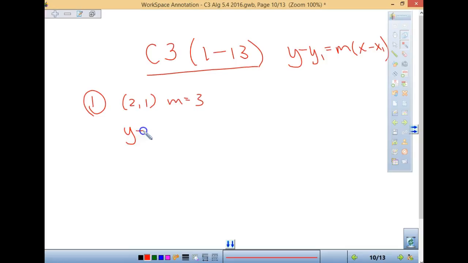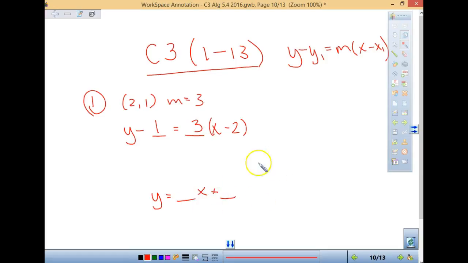you're going to go with y minus equals, and then we should have, what's our y minus? Should it be 2 or 1? 1. Y minus 1. My slope is 3. X minus 2. Now you're going to use the distributive property here like we did at the beginning of the class, and you're going to get the y by itself, and my final answer will be y equals blank x, right?